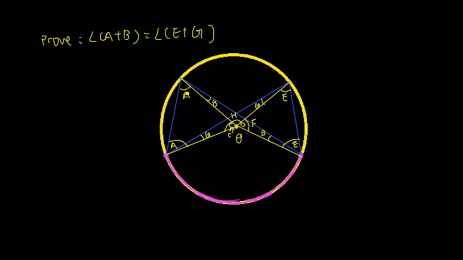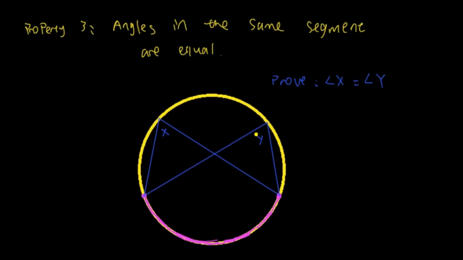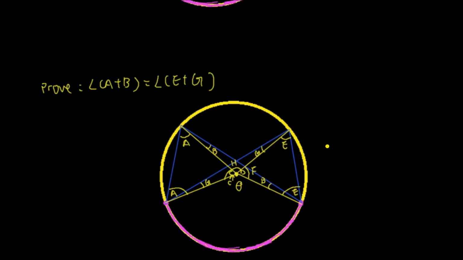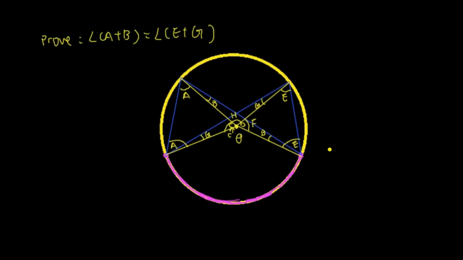Over here, A plus B is x, E plus G is y. So we can also say that angle A plus B is equal to angle x, angle E plus G is equal to angle y.